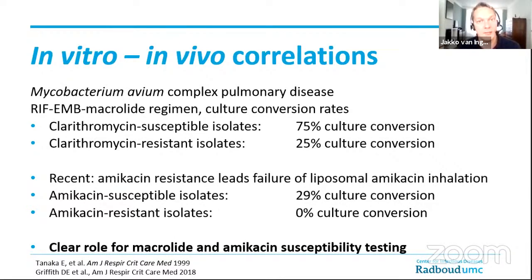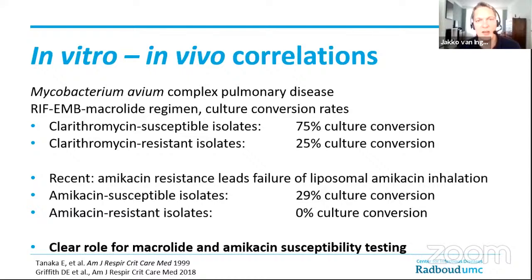The macrolide is what one of my PhD students always calls the warhead of NTM therapy. So the macrolides do the job. They kill the mycobacteria. And what we've learned from very early case series is that indeed the efficacy of macrolide-based treatment regimens is very much affected by macrolide susceptibility.